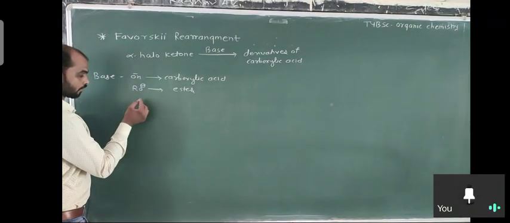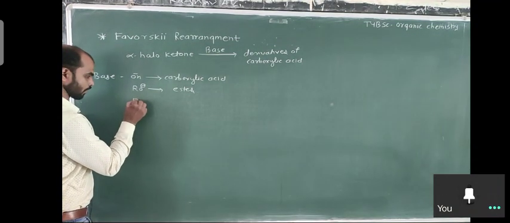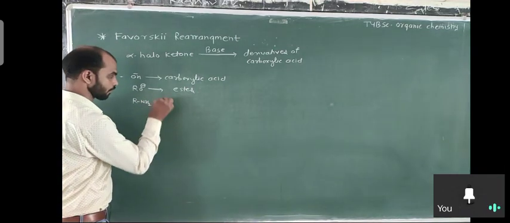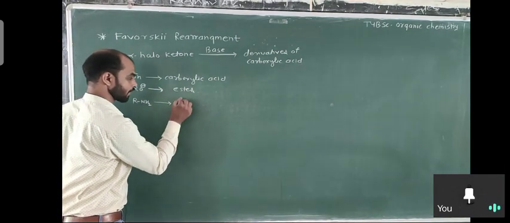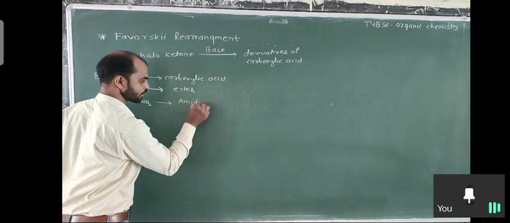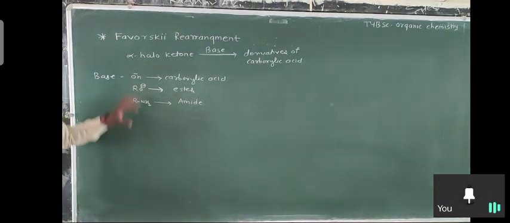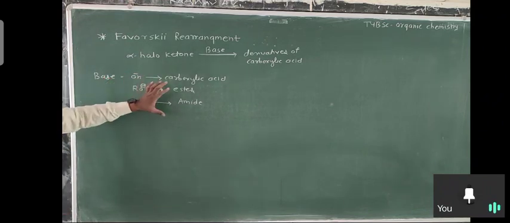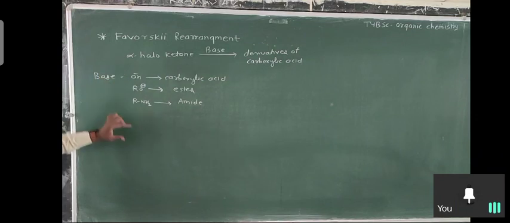When amines, RNH2, are used, then the product formed in the rearrangement is an amide. So it depends on which kind of base is used: hydroxide, alkoxide or amine. That decides which product is formed, so it depends on the nature of the base.